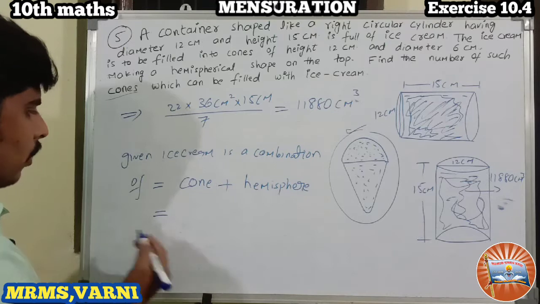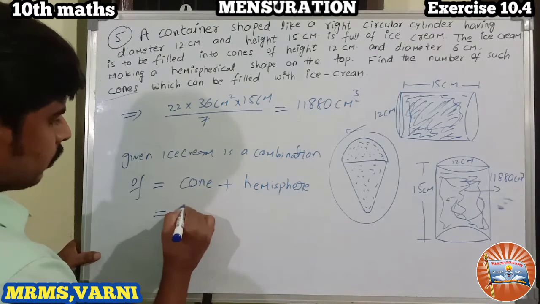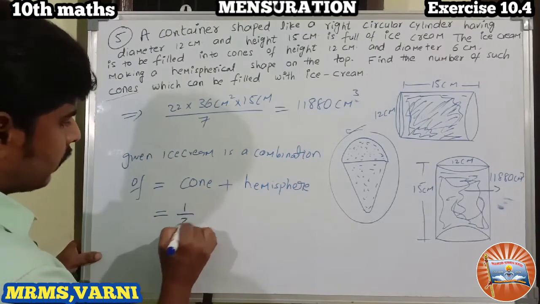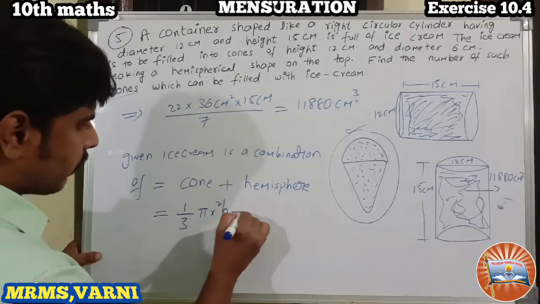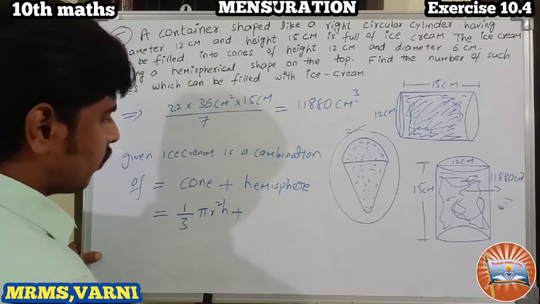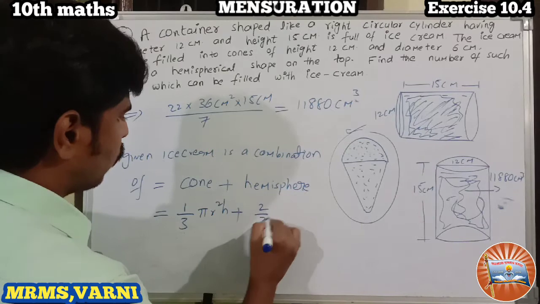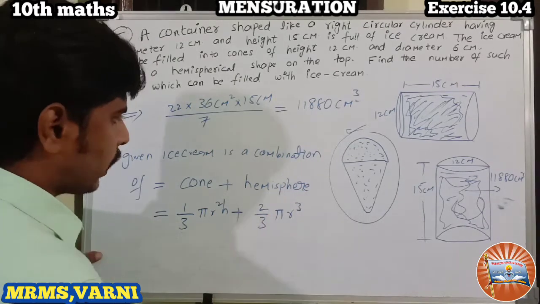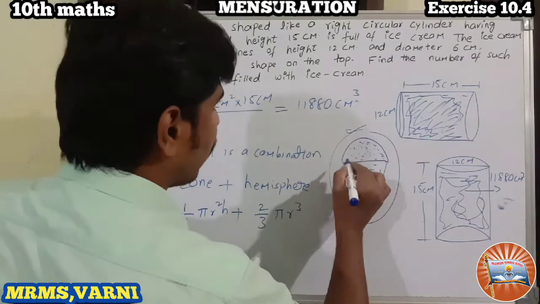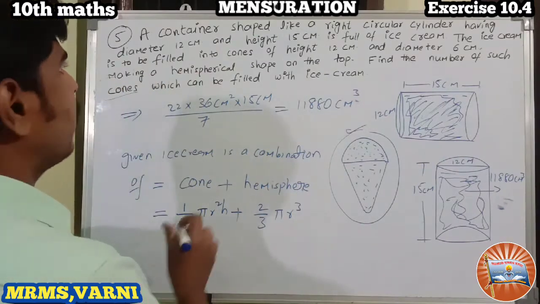Is it clear? What is the volume of the cone? Volume of cone is 1 by 3 pi r square h, plus the hemisphere, 2 by 3 pi r cube. Here the diameter is given.